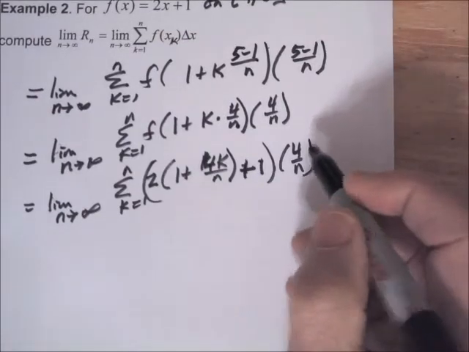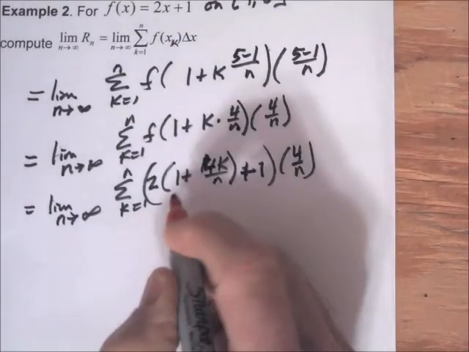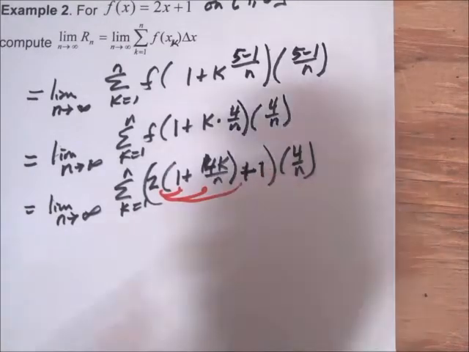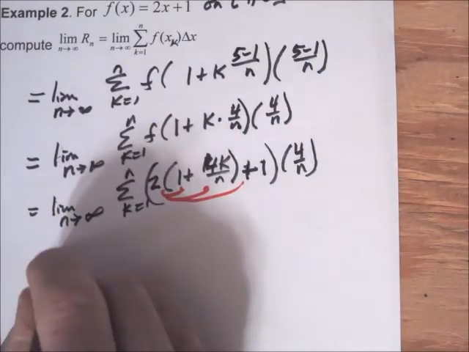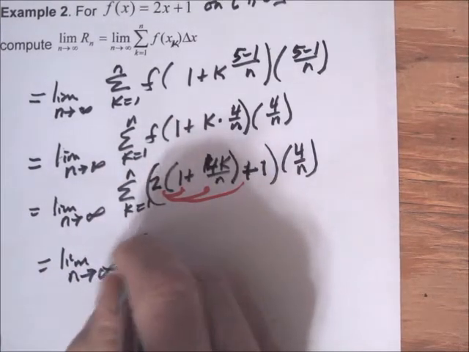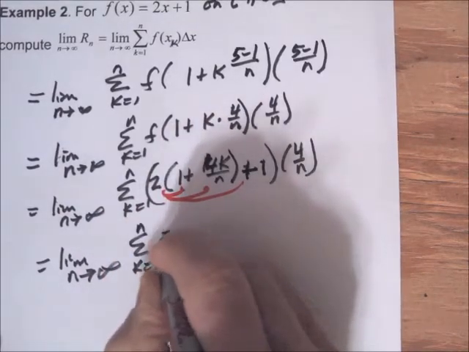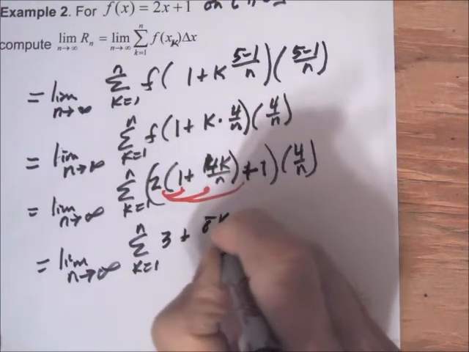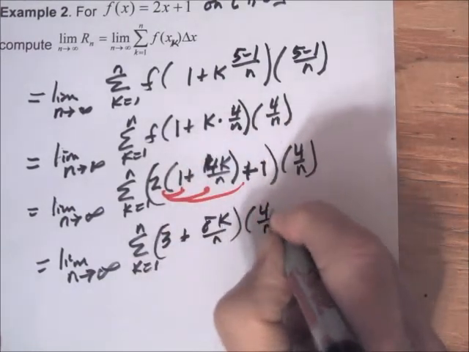Okay, so we can distribute the 2 and combine like terms. 2 times 1 is 2, and then add 1, you get 3. So this will be the limit as n goes to infinity, summation k equals 1 to n of 3 plus, well, 2 times 4 is 8, so 8k over n, times 4 over n.